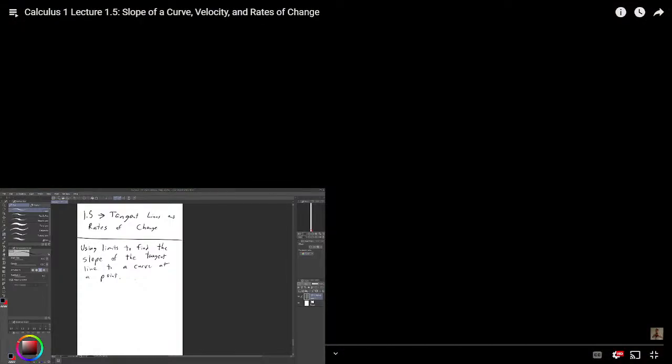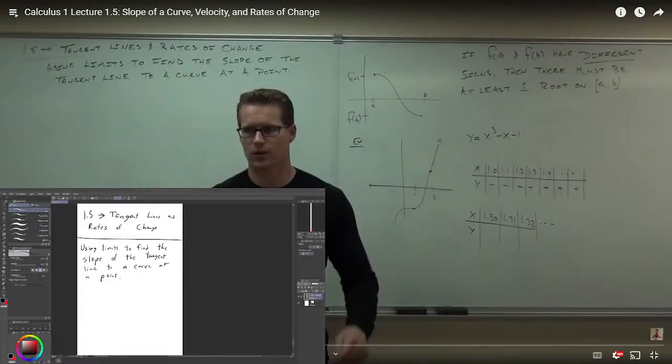Alright, using limits to find the slope of a tangent line to a curve at a point.